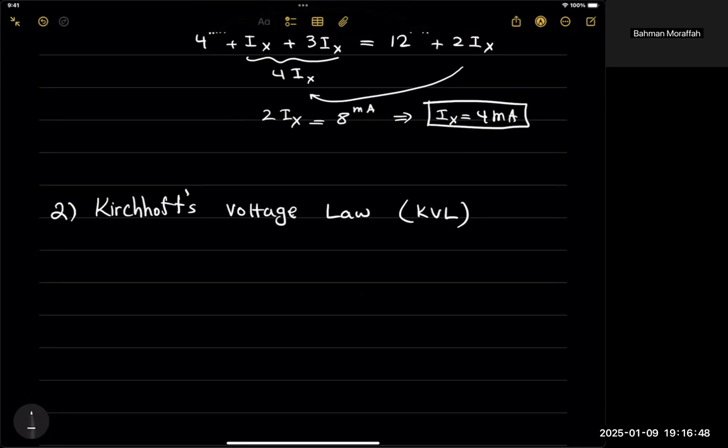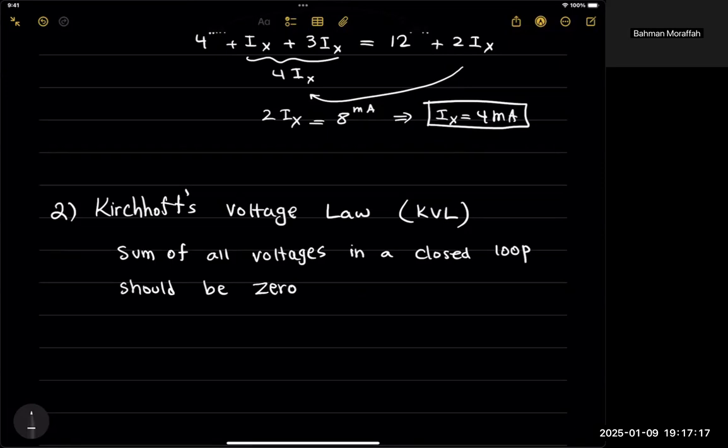And what it says is that if I add up all the voltages in a closed loop, it should add up to 0. So the sum of all voltages in a closed loop should be 0.